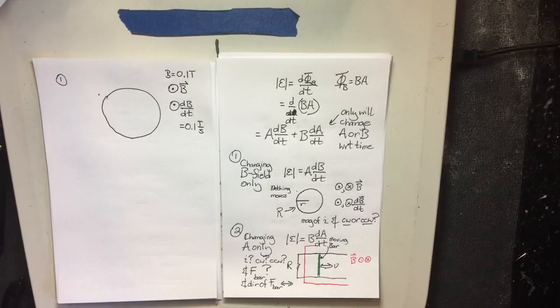Dr. Eschenberg? Yes. Just by virtue of the fact that we know that the B field is coming out of the page, does that indicate to us that the B field is increasing?